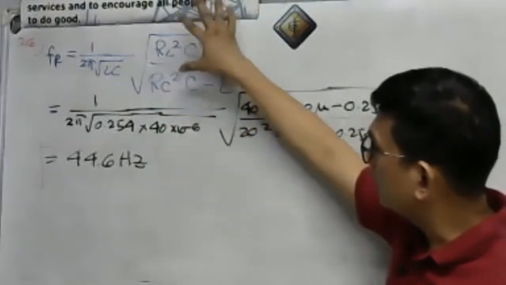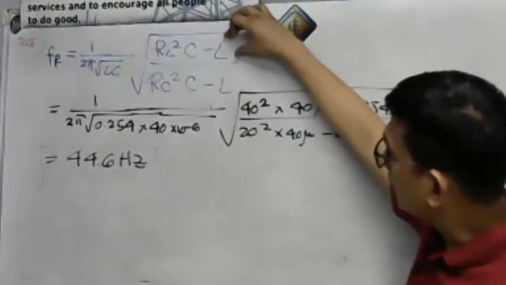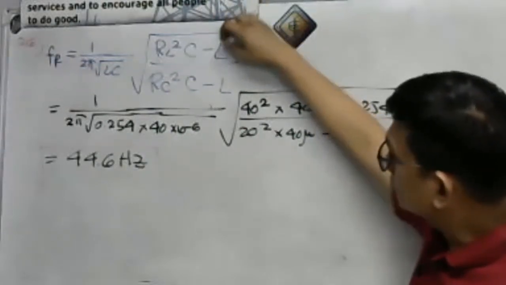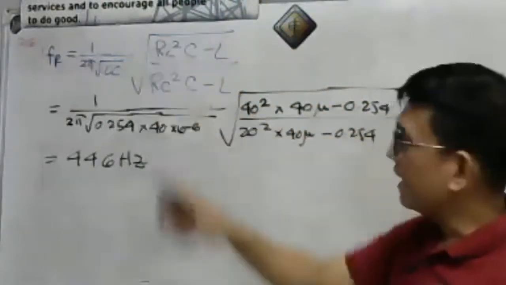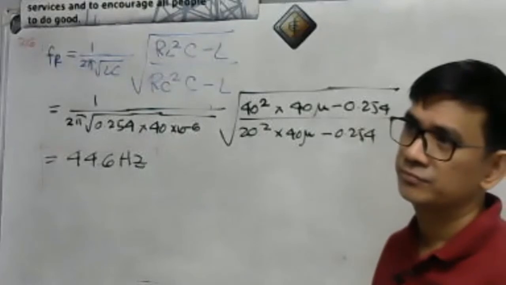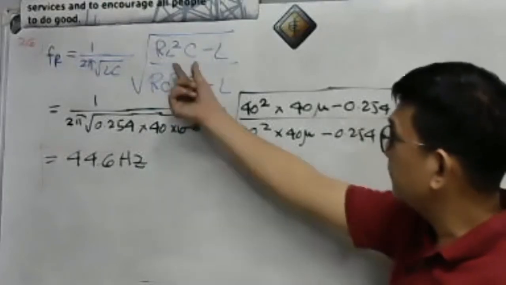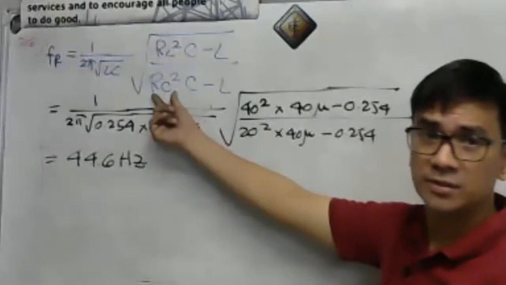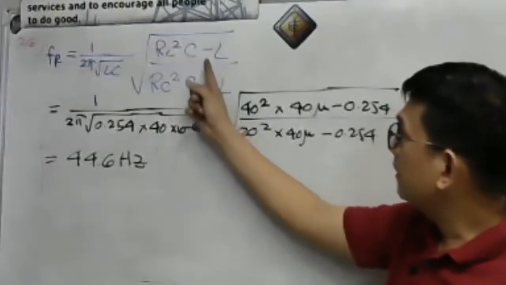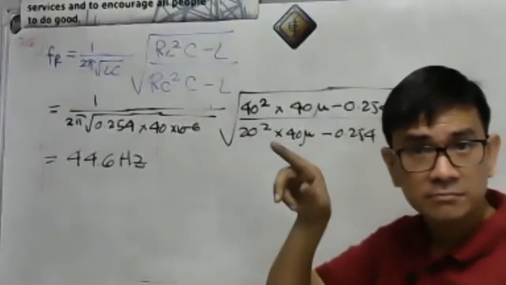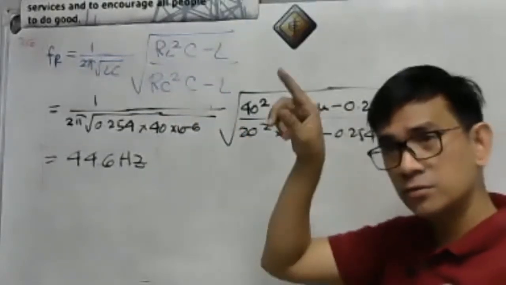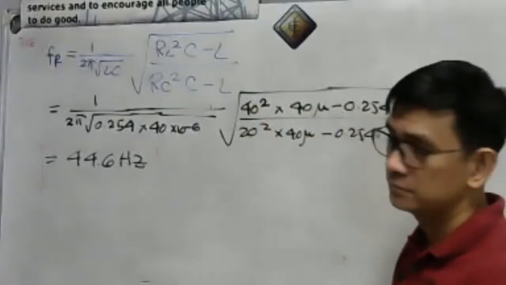So everything here, okay? So, what will happen? The L and C remains unchanged. This will become 0, this will become 0. This is negative L over negative L, that is 1. Square root of 1, that is simply 1.